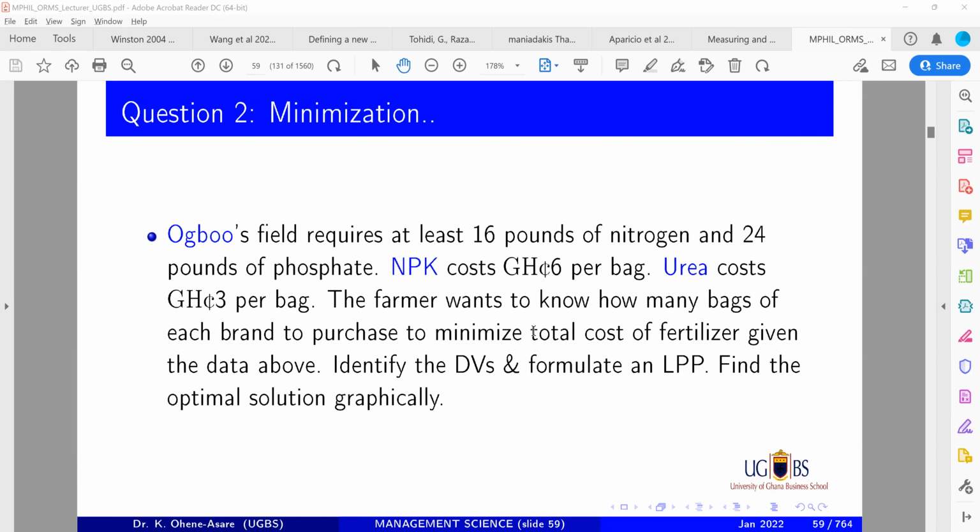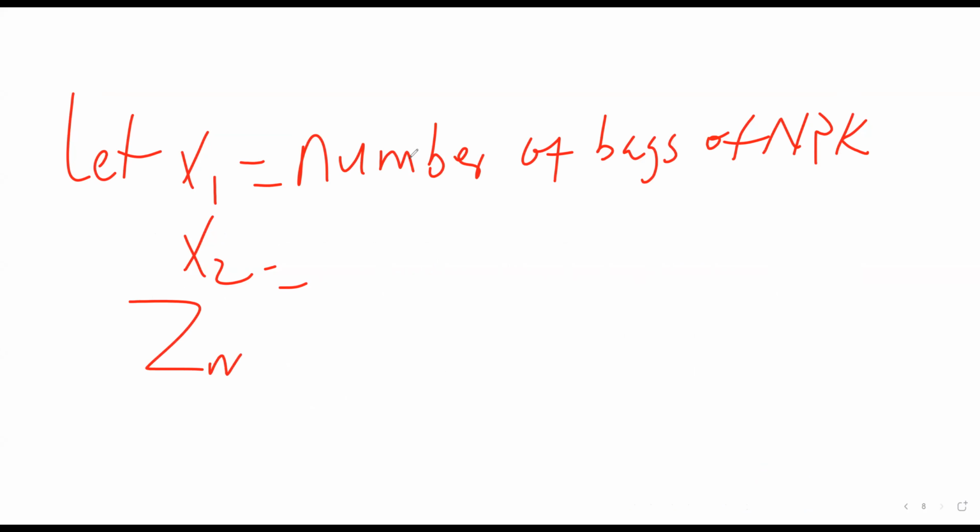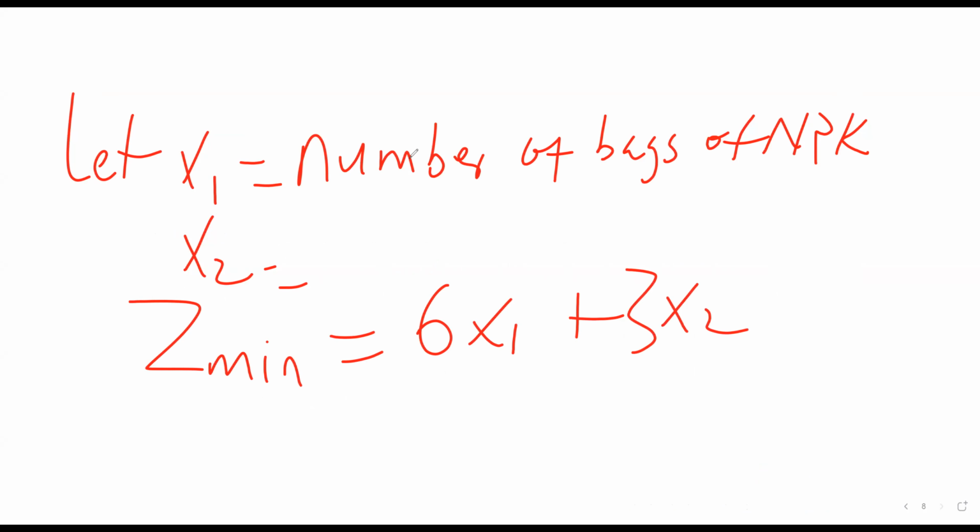It's going to be minimization of Z, or the objective function, equal to the price 6 cedis times X1 plus 3 cedis times X2. All right, so it will be Z min equal to 6X1 plus the second one, which is 3X2.